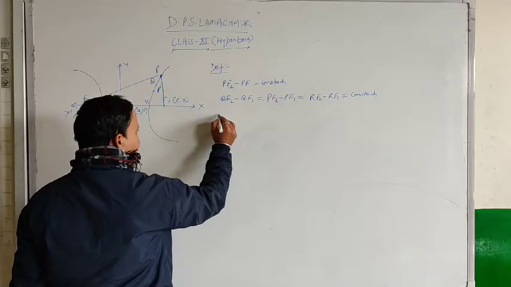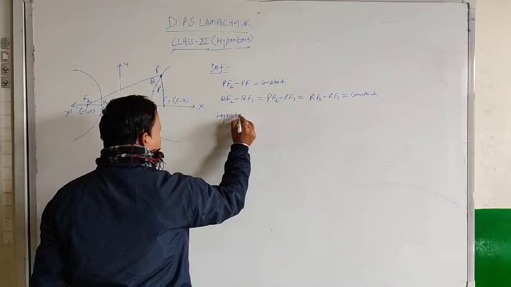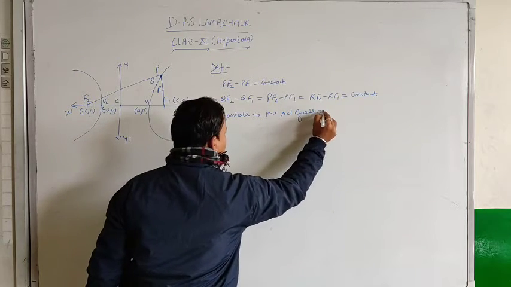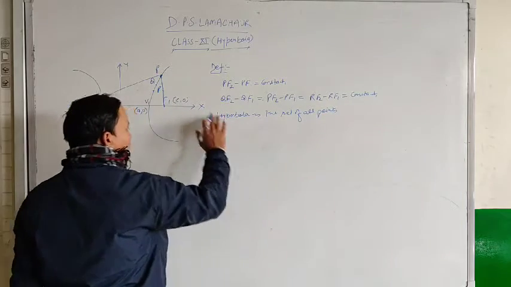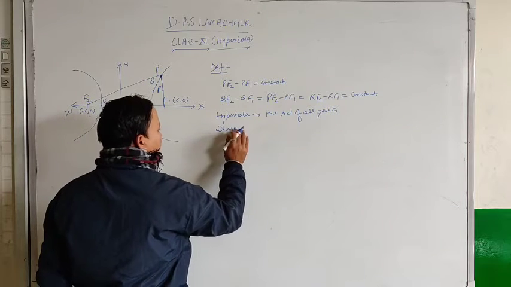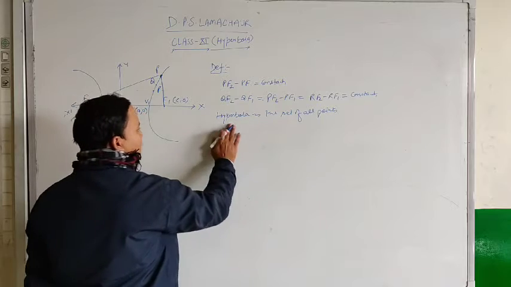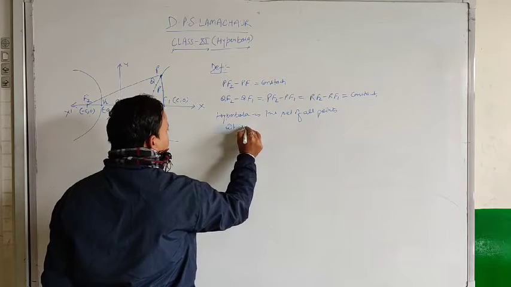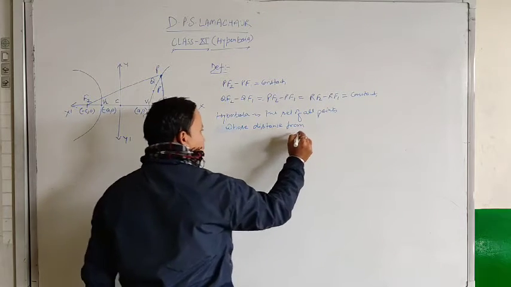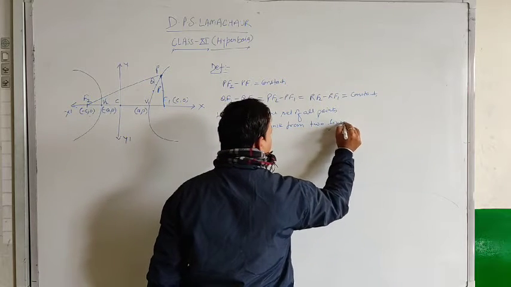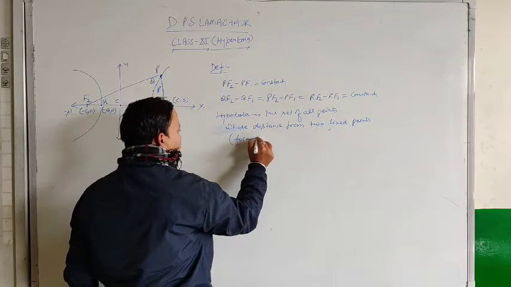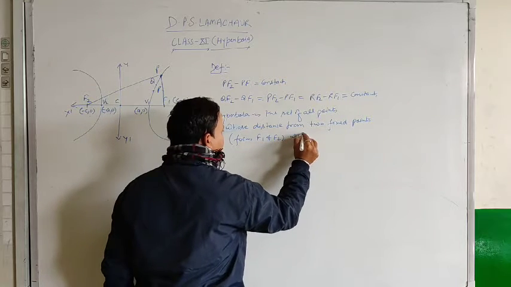Okay, so what will be the definition? Hyperbola is the set of all points whose difference of distances from two fixed points, and the fixed points are the foci F1 and F2, will be constant.